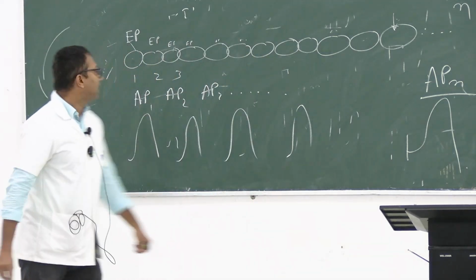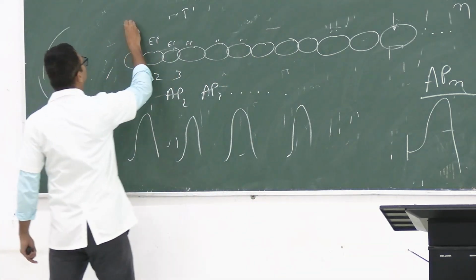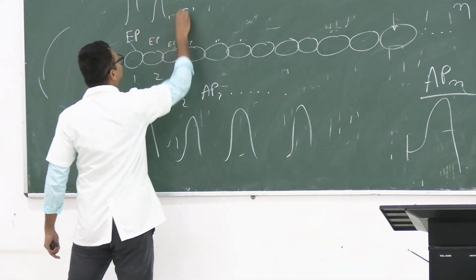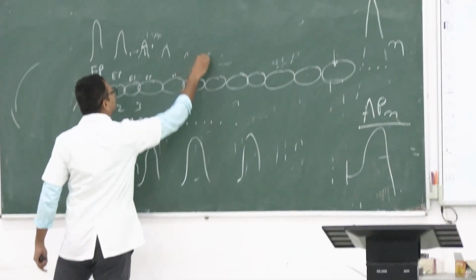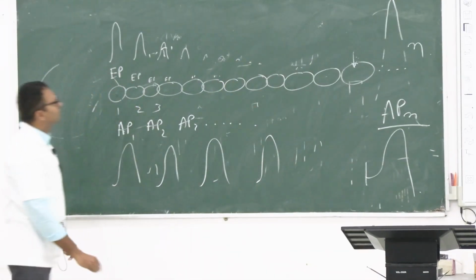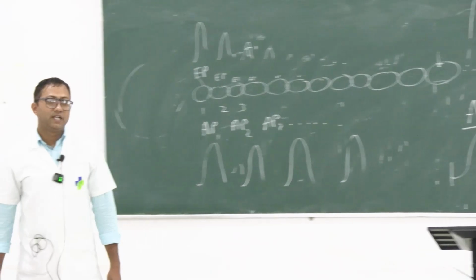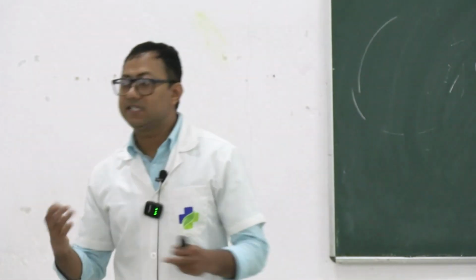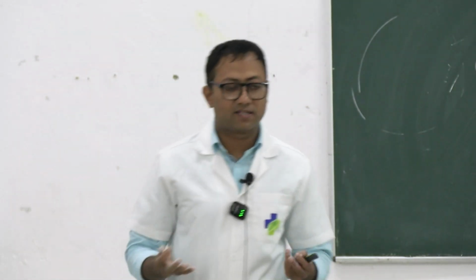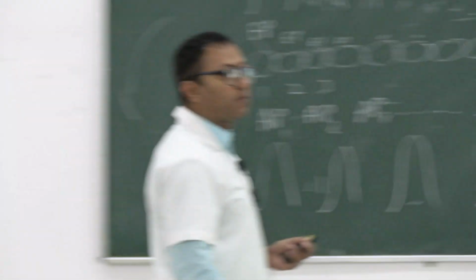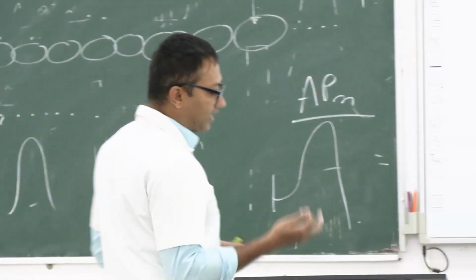And what was there in electrotonic potential? यहाँ पर इतना, यहाँ पर इतना. So electrotonic potential is losing its strength exponentially, ठीक है. But action potential is all or none.